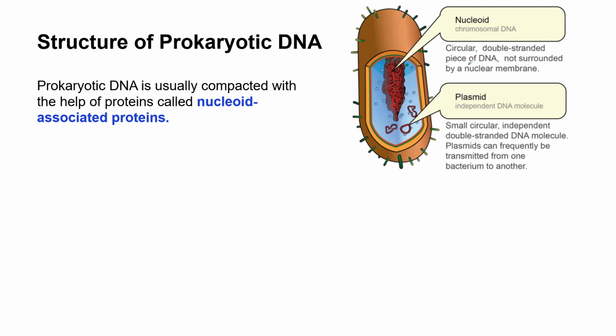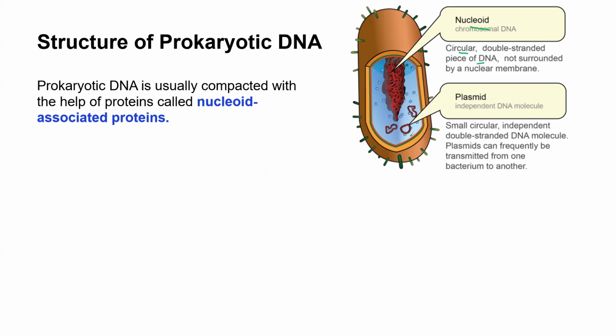The chromosomal DNA is circular, and it is a double-stranded piece of DNA, which is not surrounded by a nuclear membrane because it doesn't have a nuclear membrane. And you can see clearly this is a nucleoid. The nucleoid is the region with associated proteins that compact, or that house, the prokaryotic DNA.